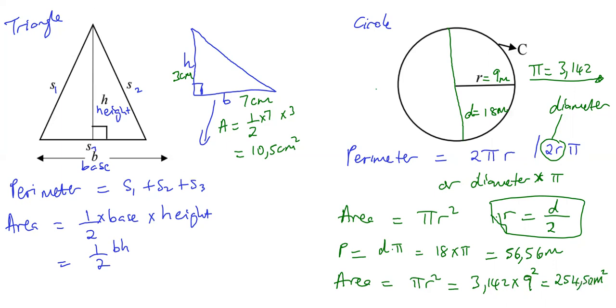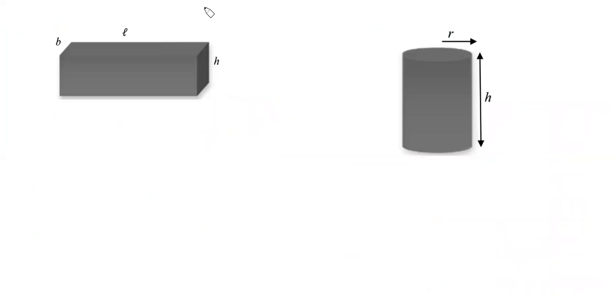Let's look at volume. On this volume, we have a rectangular box. On the rectangular box, you see that we have our length, height, and breadth, which we can also call width.